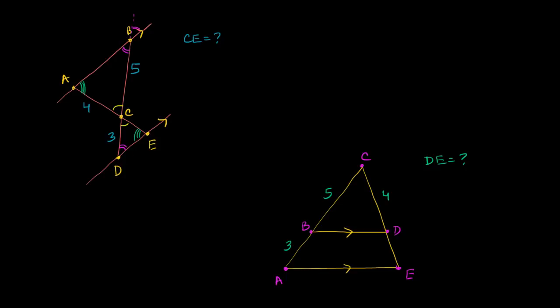I'll color code it so that we have the same corresponding vertices. That's really important, to know what angles and what sides correspond to what, so that you don't mess up your ratios.